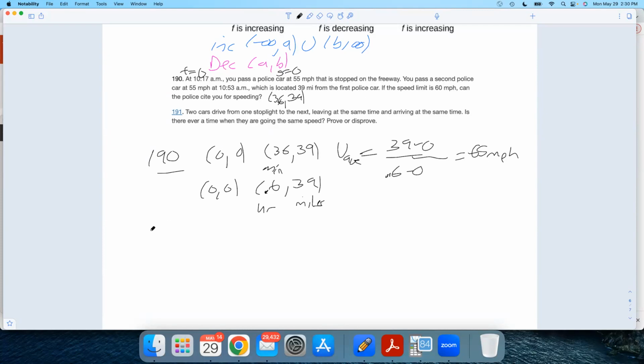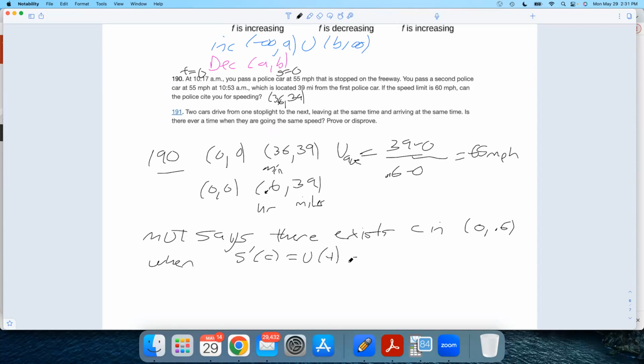In fact, the mean value theorem says there exists at least one spot, some c, in the interval from 0 to 0.6 hours, some time in that time frame, when my actual velocity, my instantaneous rate of change, was 65 miles per hour.